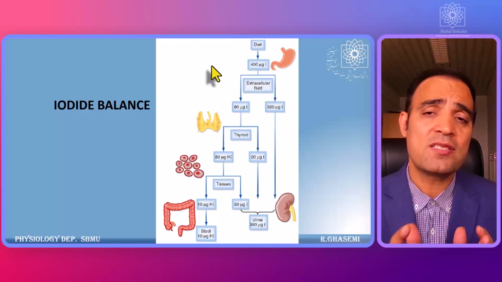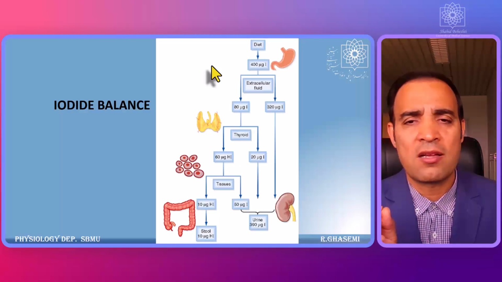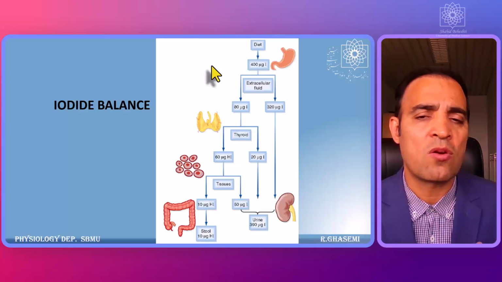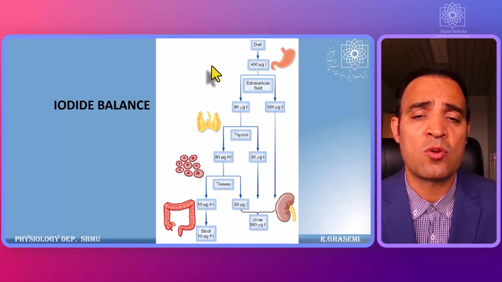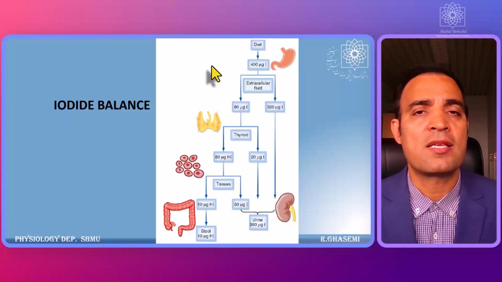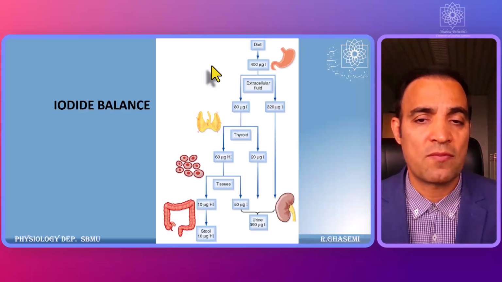And from this 80 microgram, as you can see, just 60 microgram is incorporated into thyroid hormones, and another 20 microgram escapes from the thyroid gland and is then excreted into the urine.